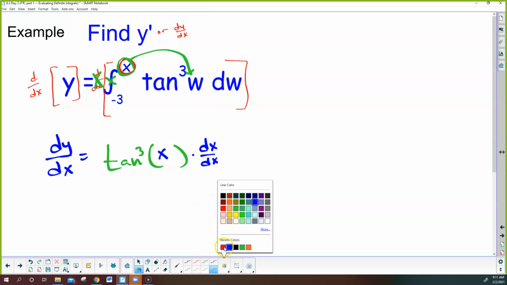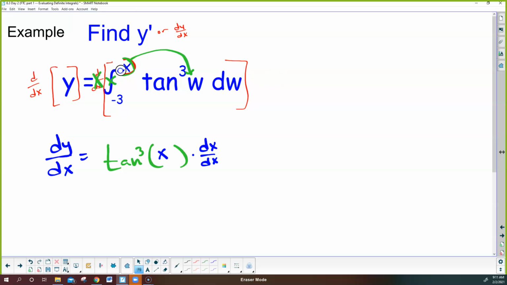But what if, instead of x, this was a 6? So we're going to rewrite this. What if this was a 6x? Well, what's going to go in here? 6x will go in here. And then we have to multiply by the derivative of this.